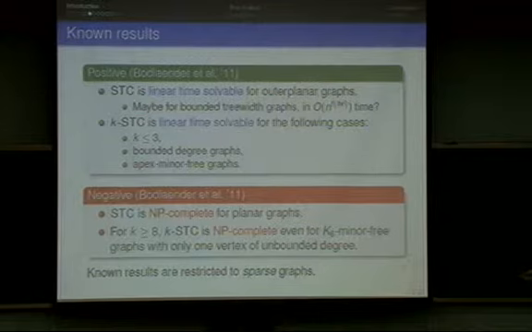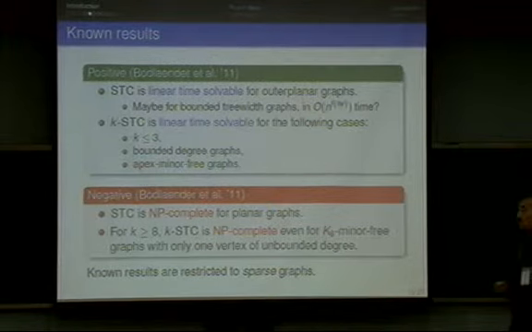On the negative side, the decision version is NP-complete even for planar graphs, and the parameterized version is also NP-complete if k is at least 8 and the graph is K6-minor-free and has only one vertex of unbounded degree.